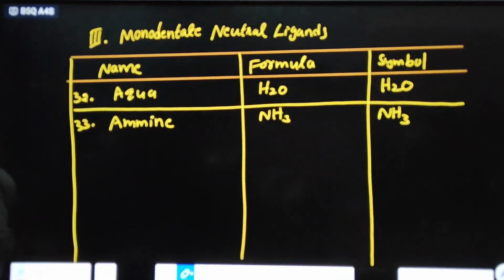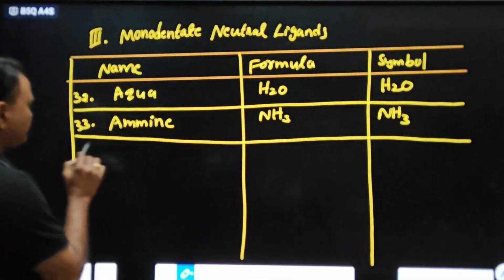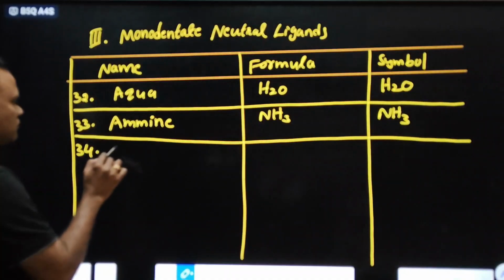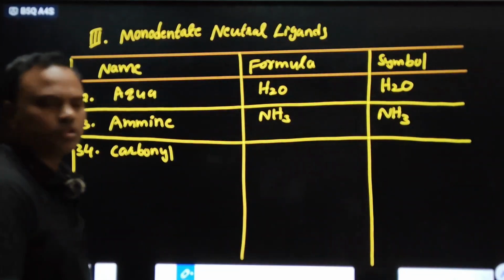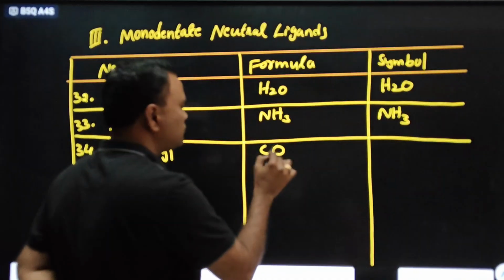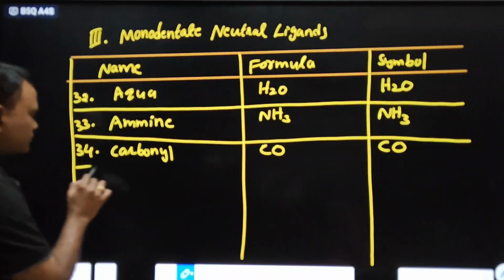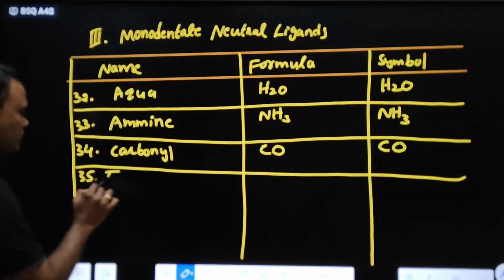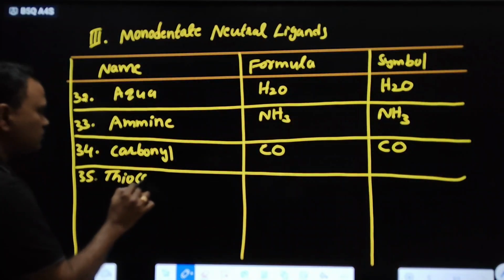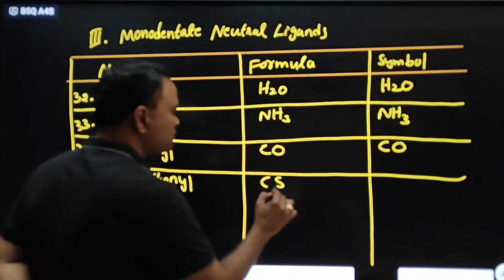This is amine. 34, carbonyl, CO. 35, thiocarbonyl, CS.